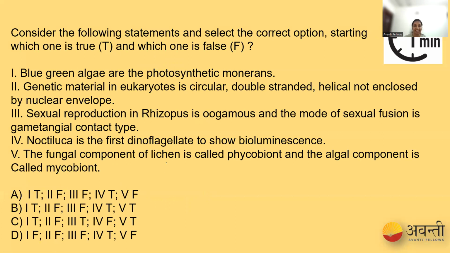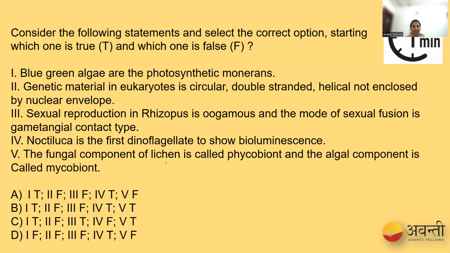Now the next question is, consider the following statements and select the correct option stating which one is true and which one is false. First, blue-green algae are the photosynthetic monerans. Second, genetic material in eukaryotes is circular, double-stranded, helical, and not enclosed by the nuclear envelope.